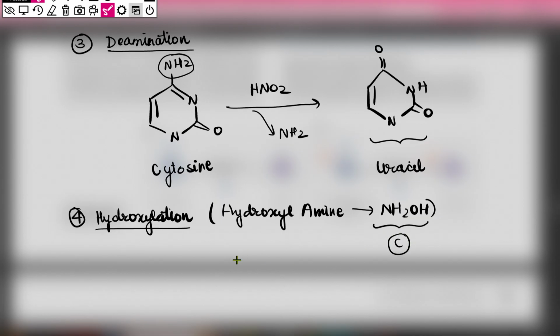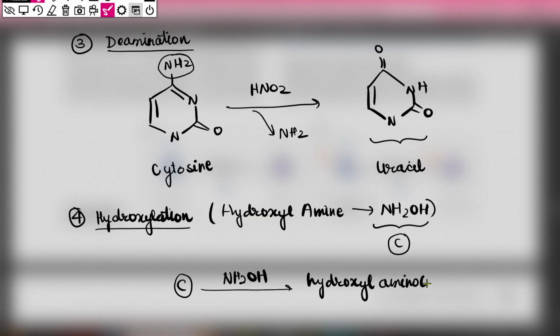So if the hydroxylation has been done, what happens? The final product of cytosine in the presence of NH2OH becomes hydroxylaminocytosine.